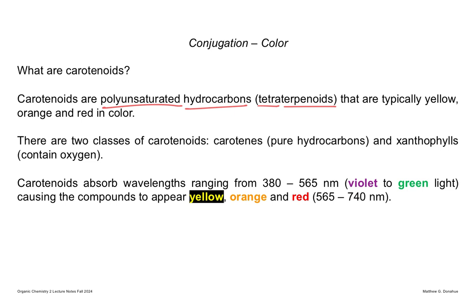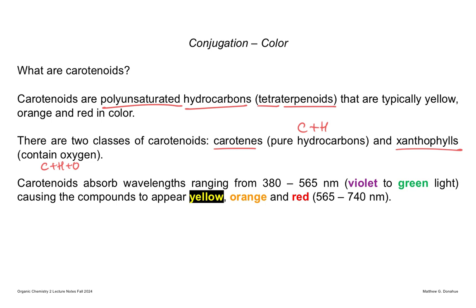Carotenoids are typically yellow, orange, or red. There's two classes called carotenes, and that's C plus H only, and then xanthophylls, C plus H plus O. And so carotenoids absorb wavelengths from 380 to 565.